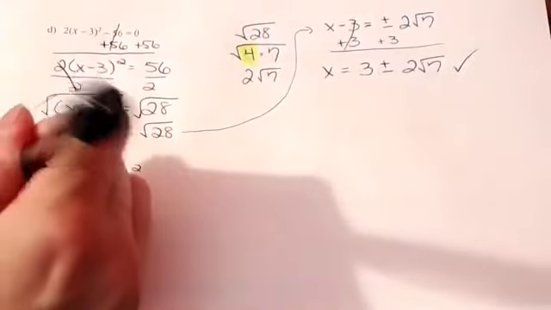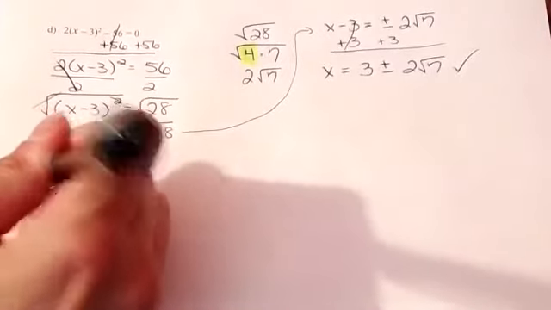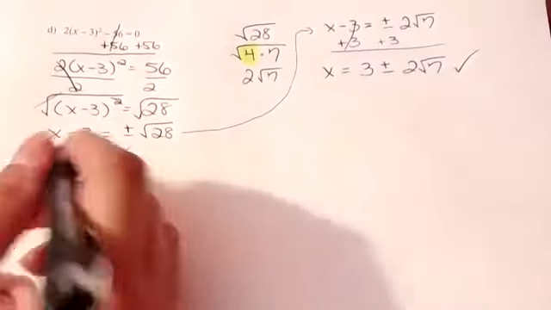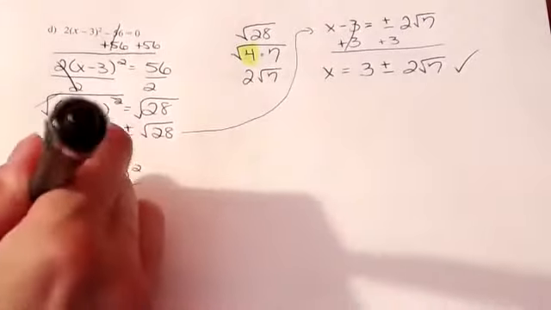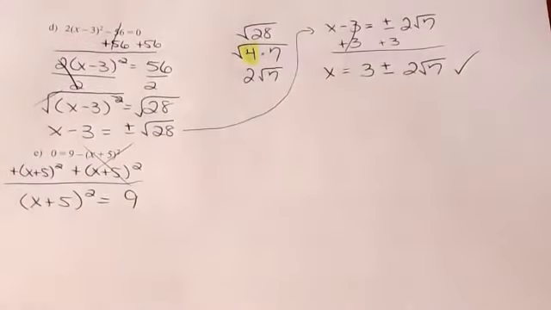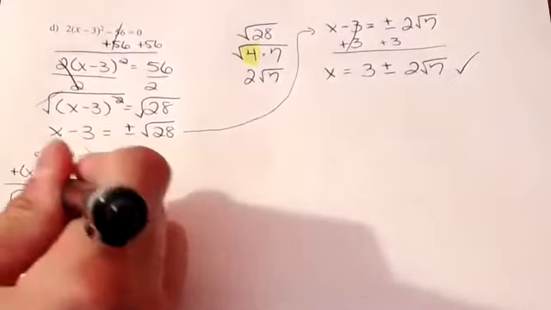Remember, you can only add or subtract terms. So that leaves me with 0 plus x plus 5 squared, which is just x plus 5 squared, is equal to 9. So we have our squared term and our constant. That worked out pretty well. We were able to bring that term entirely to the left-hand side of the equation. We are going to square root both sides.